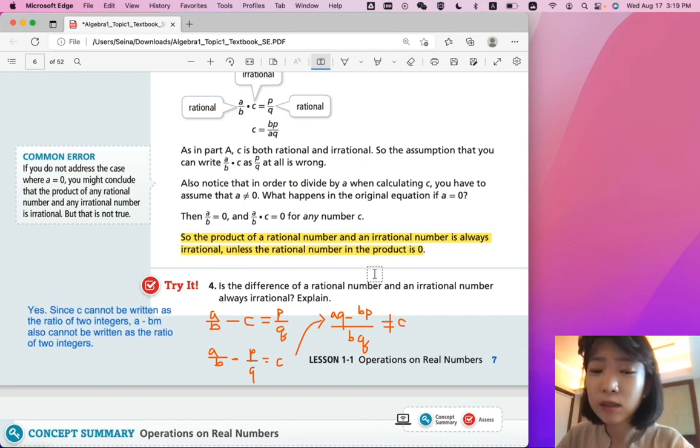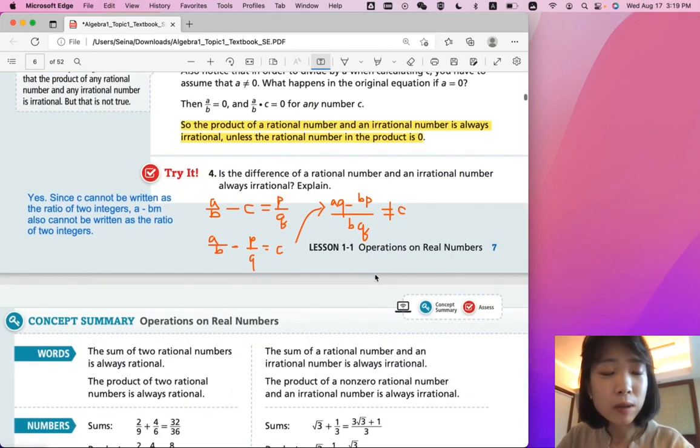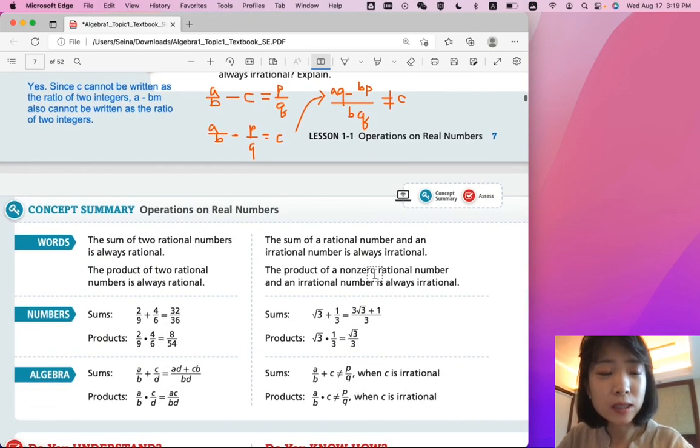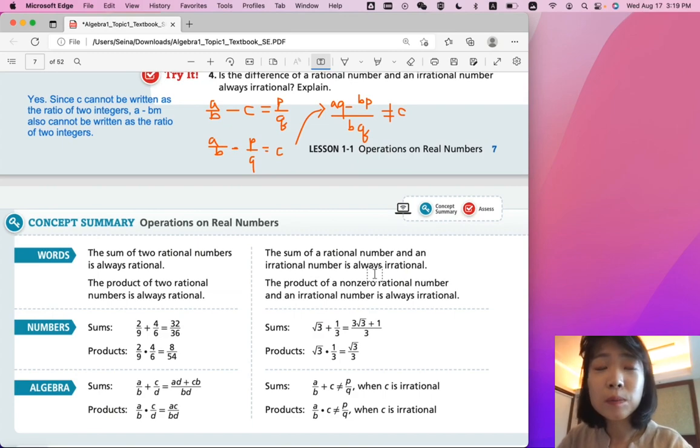All right, that was a great start of the topic. Let's summarize our lesson 1, operations on real numbers. You already know how to do adding, subtracting, multiplying, and dividing. This lesson was all about trying to understand what it really means to have a set and subsets of real numbers and how they work when they have different operations with different sets.